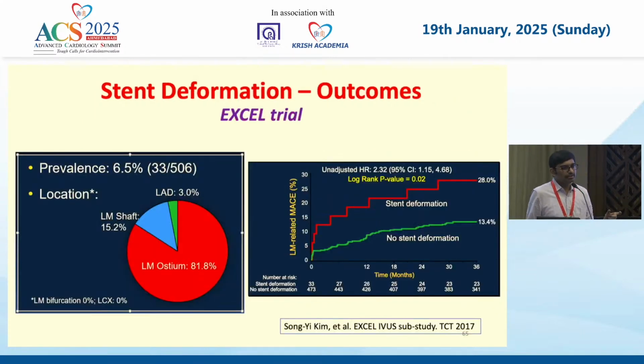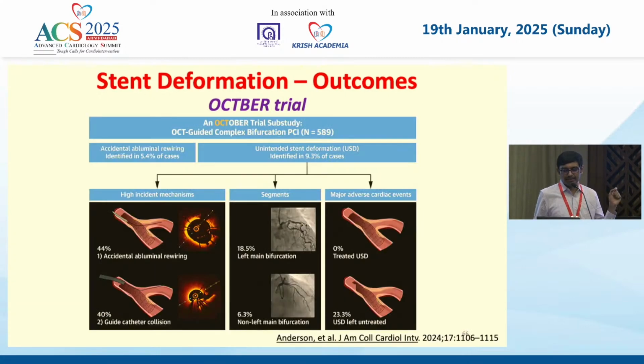And we all know this is a very important phenomenon which occurs in left main. The EXCEL trial has shown that 6.5% is your deformation, mostly occurring in the ostium, and sometimes it can happen in 15% of the patients in the series. You see that the 3-year outcomes show more than a 100% increase in events when you have longitudinal deformation. And this is our recent study.